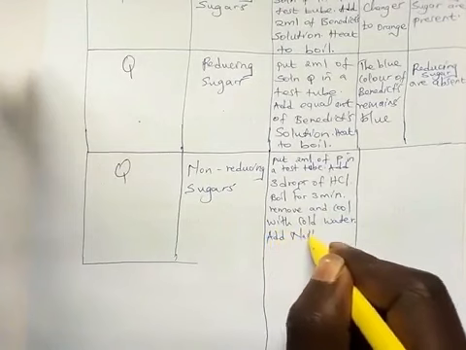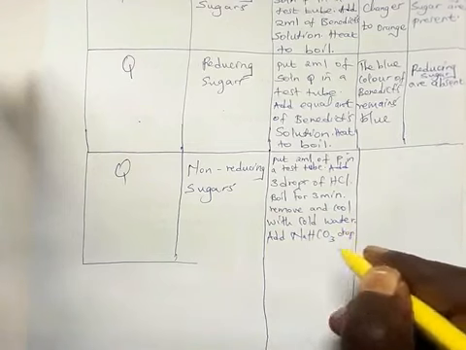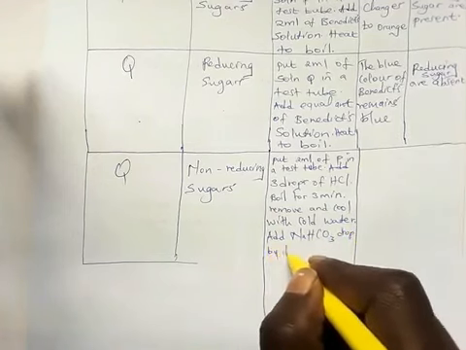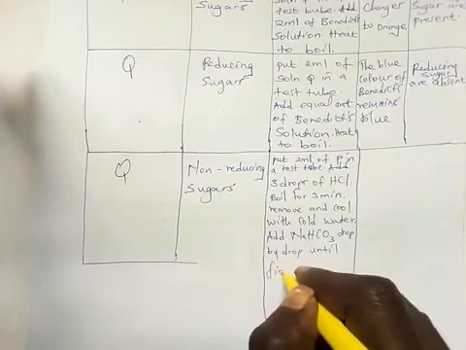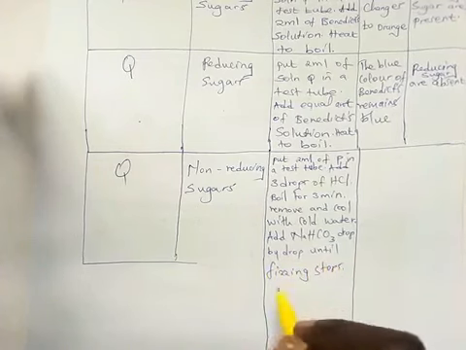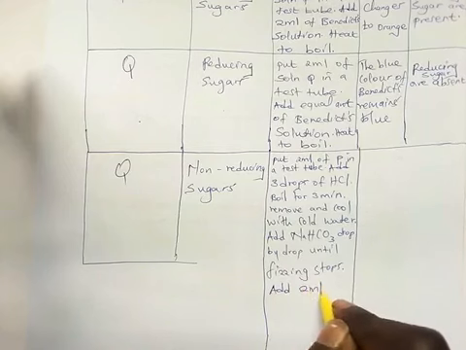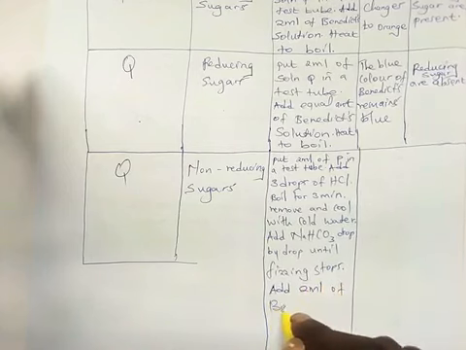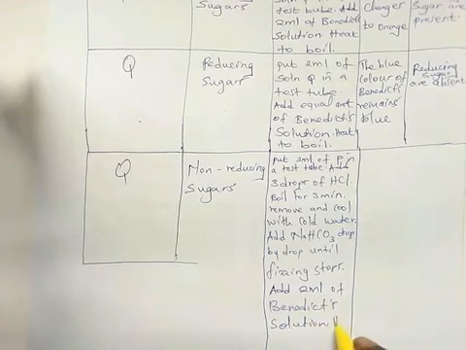Add sodium hydrogen carbonate dropwise, or drop by drop, until fizzing stops. Then you add 2 milliliters of Benedict solution. Then you heat to boil.